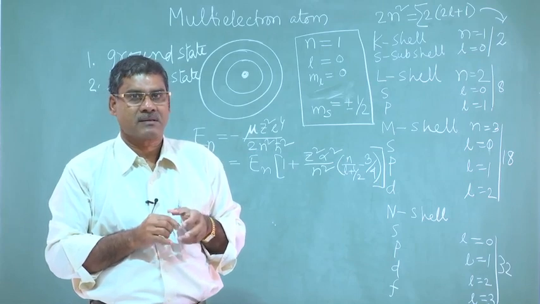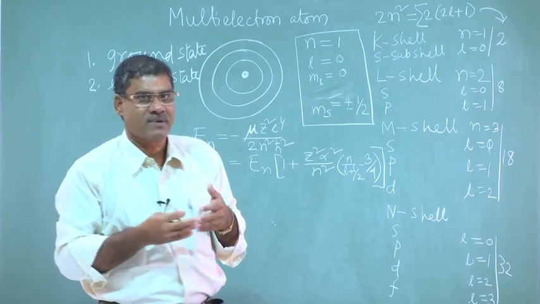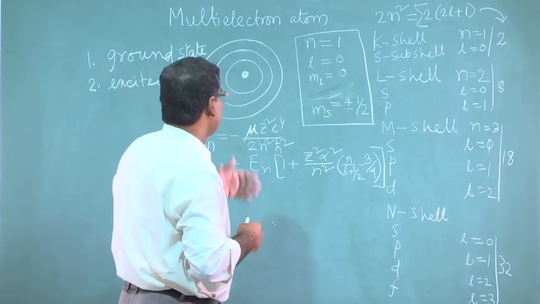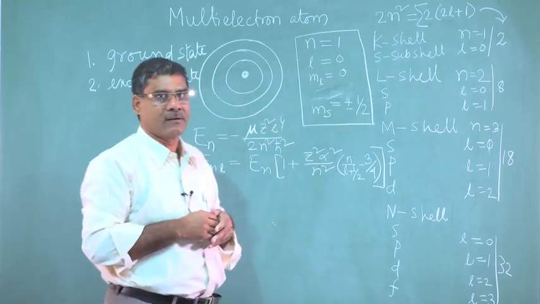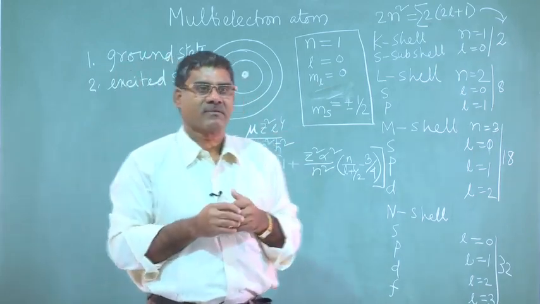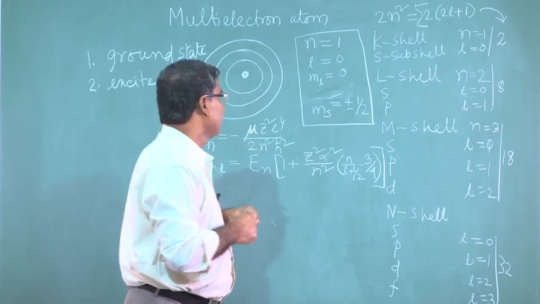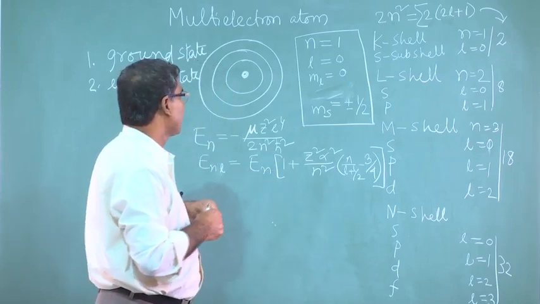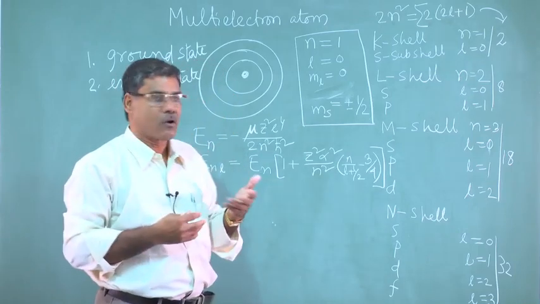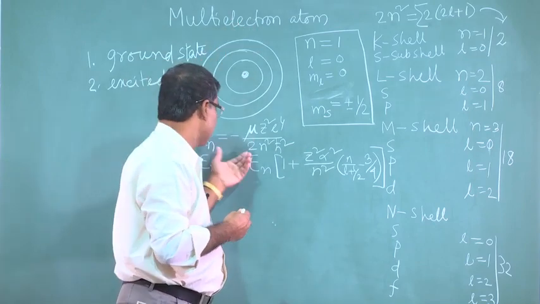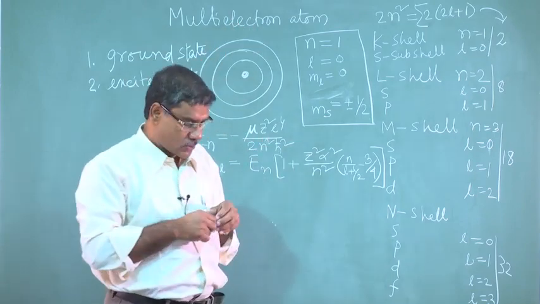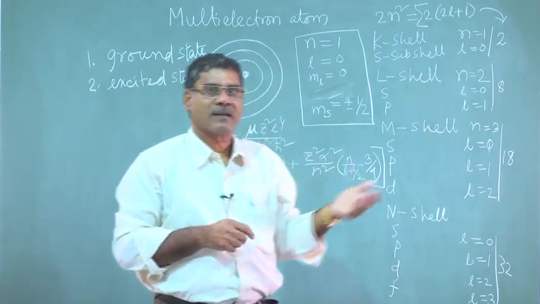But it is not abrupt, it follows some rule, and there are reasons why there will be penetration of energy levels or deviation from the normal rules of energy levels.